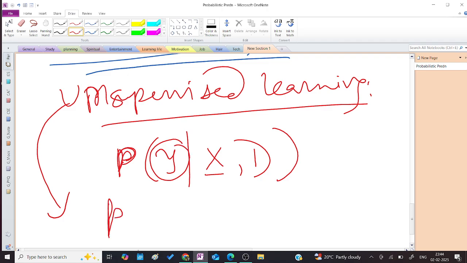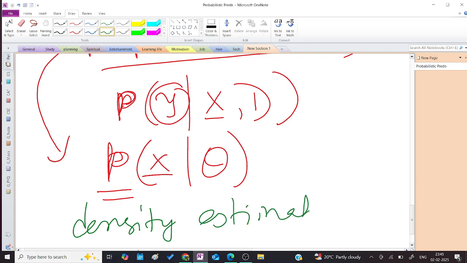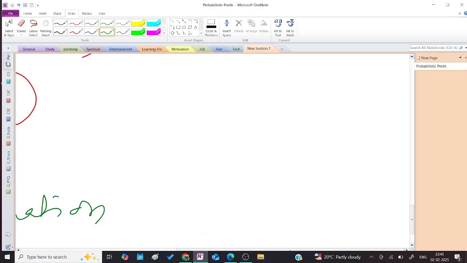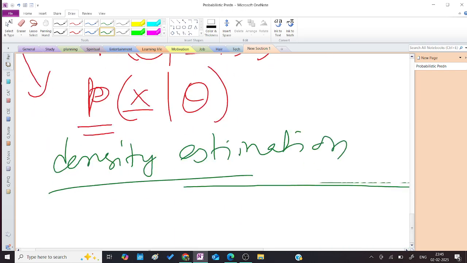So we will only be taking the input vector x given all the parameters, and we will try to find out the density. So it's more or less like density estimation.